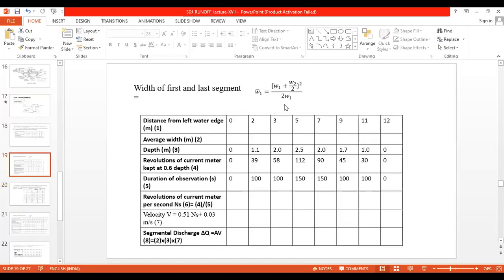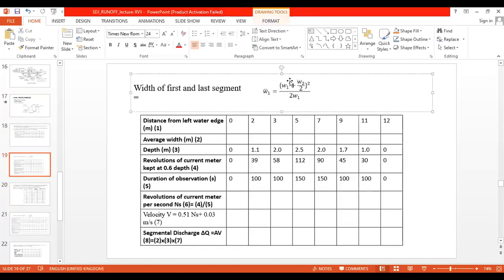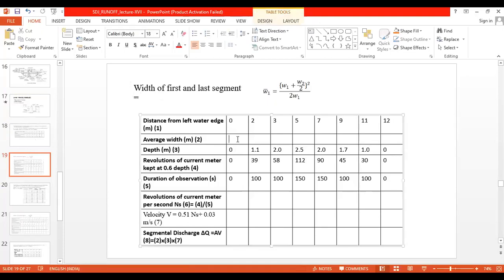So for this case now, the width of first and last, this will be W1 plus W2 by 2 upon 0. So W1 किती आहे आपला, म्हणजे फर्स्ट सेगमेंटला जे width येणार हा कुठे आहे, लेफ्ट बँकला आहे. So that will be directly as a 0. Clear? That will be directly as a 0 because it is exactly at the left hand side. Similarly, this is exactly at the right hand side. So this will be 0.